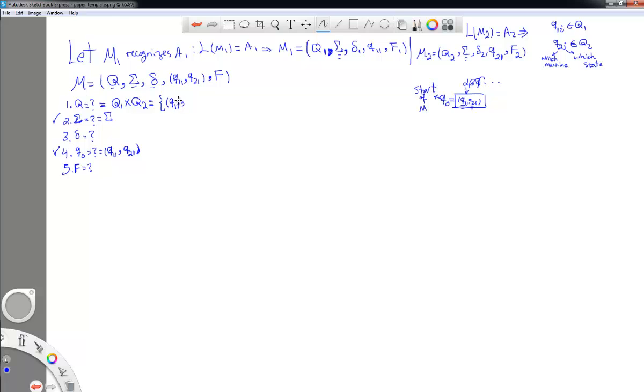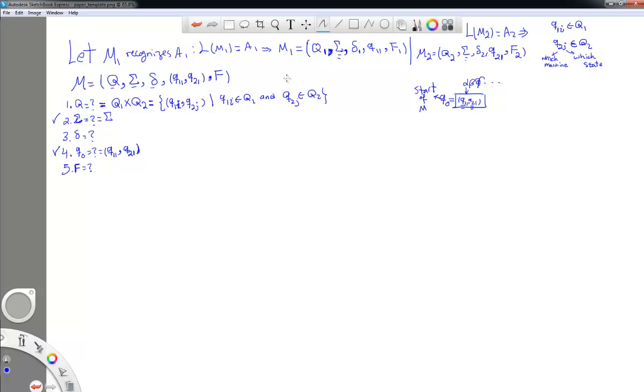Q1i and Q sub 2j, such that Q sub 1i belongs to Q sub 1 and Q sub 2j belongs to Q sub 2. So the first element of the pair comes from the first automaton, the second element of the pair comes from the second automaton.